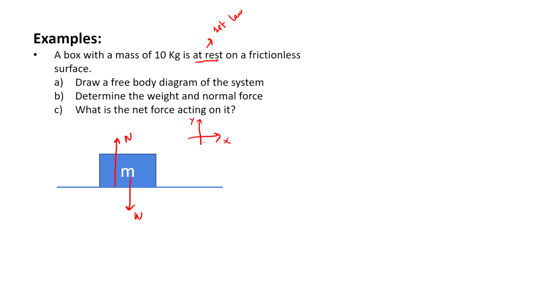For the rightward it's positive x and the upward is positive y. For the x itself, there's no force, so we can just focus on the y-axis to find the net force.